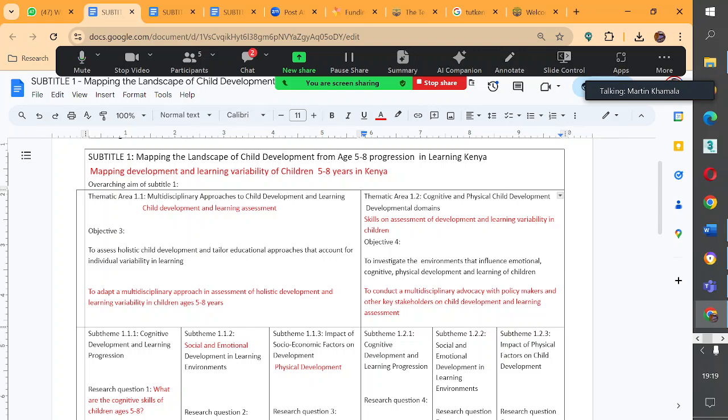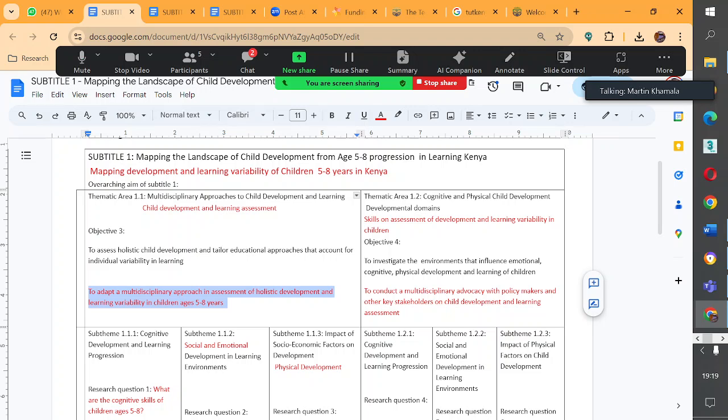So this second title is maybe necessary for the purpose of alignment. The objective has been written up over here of this theme is this one, to adapt a multidisciplinary approach in assessment of holistic development and learning variability in children between the ages 5 and 8 years.